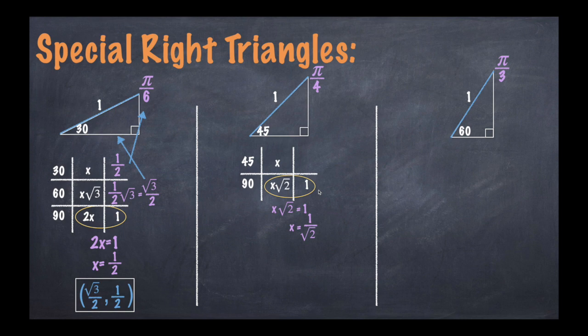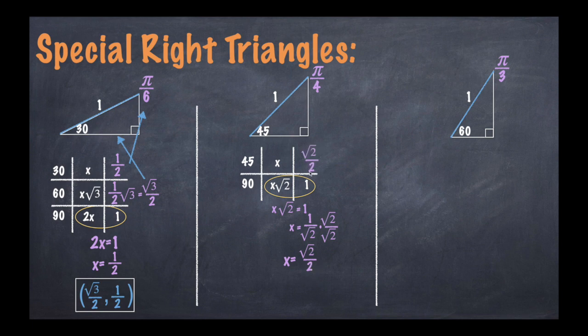Now I get 1 over root 2, and I need to rationalize that. So to do that, we would multiply top and bottom by root 2. Now here we end up getting root 2 over the square root of 4, but then the square root of 4 right here would then turn into 2. So we get root 2 over 2.